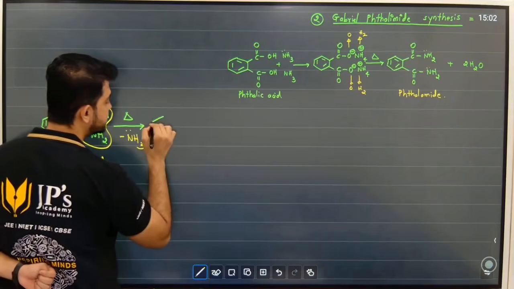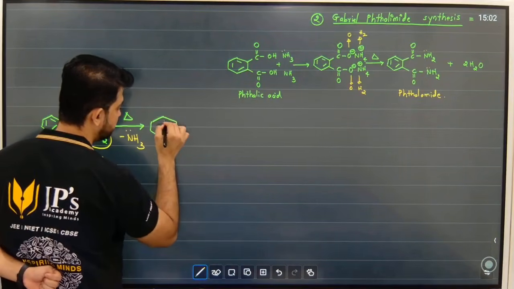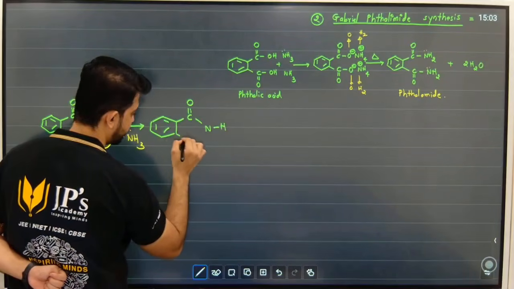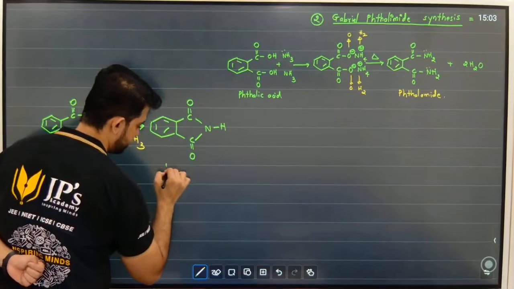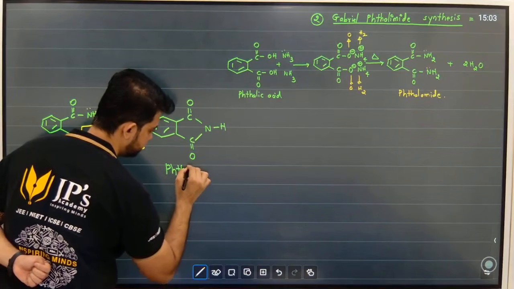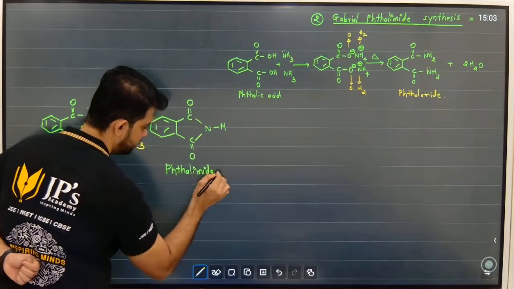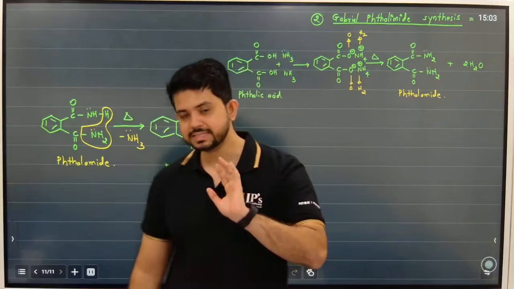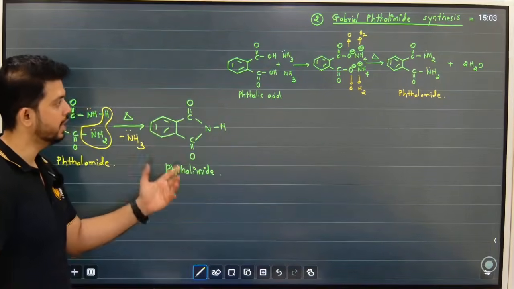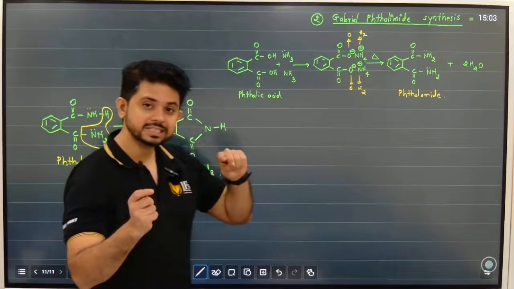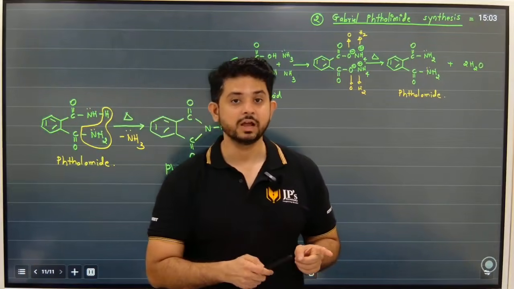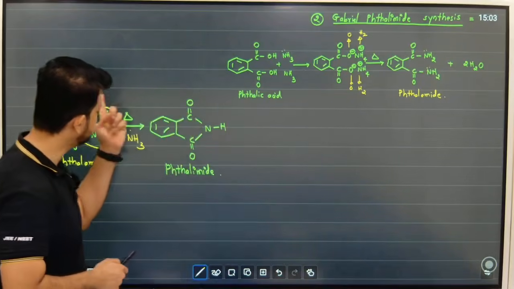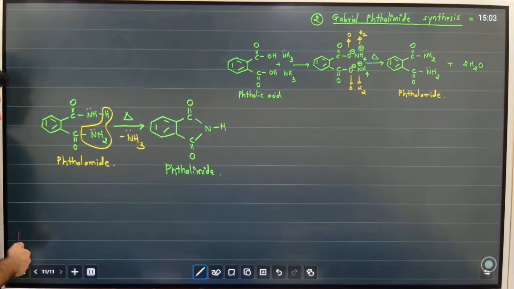What we get here is phthalimide. Students, ये मिल गया आपको आपका phthalimide. So the reaction in the NCERT starts from phthalimide. But phthalimide कहाँ से मिला? This can be connected as a roadmap reaction to the chapter carboxylic acid, phthalic acid से. So phthalic acid से ये method हम जा सकते हैं till the preparation of phthalimide.